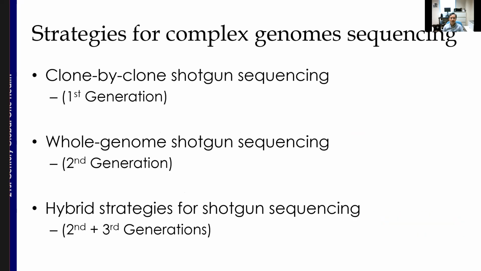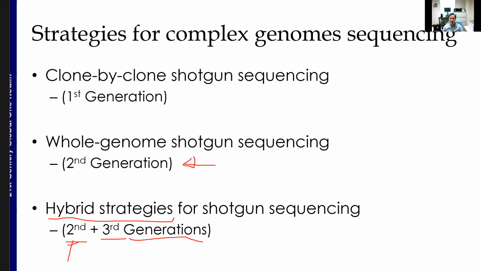At the early stage, there was clone-based shotgun sequencing, and then whole genome shotgun sequencing using second generation technology. Sequencing an unknown species is called de novo sequencing or assembly. The strategy we are going to use is called the hybrid strategy, a combination of second and third generation sequencing technologies.